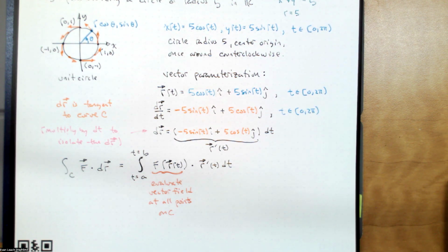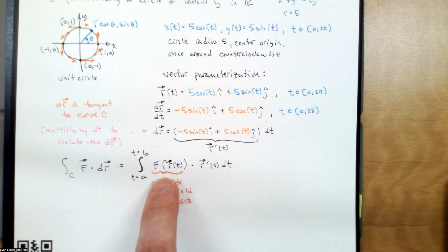Once we have parameterized the curve, all the curviness part of the curve is being taken care of with this parameterization. Here's our tangent. These are how we break up the curve into little pieces. And notice that the dt at the end means that we're just doing a simple integral, an integral of a single variable.